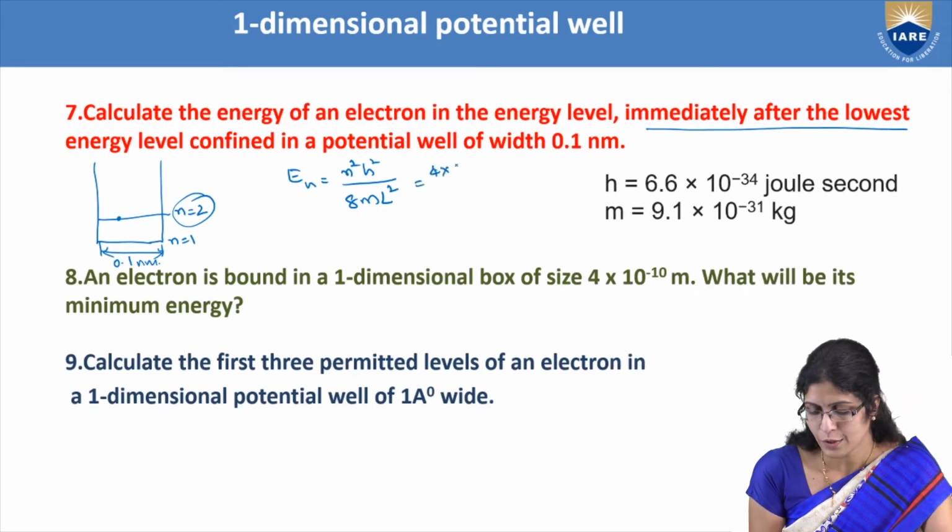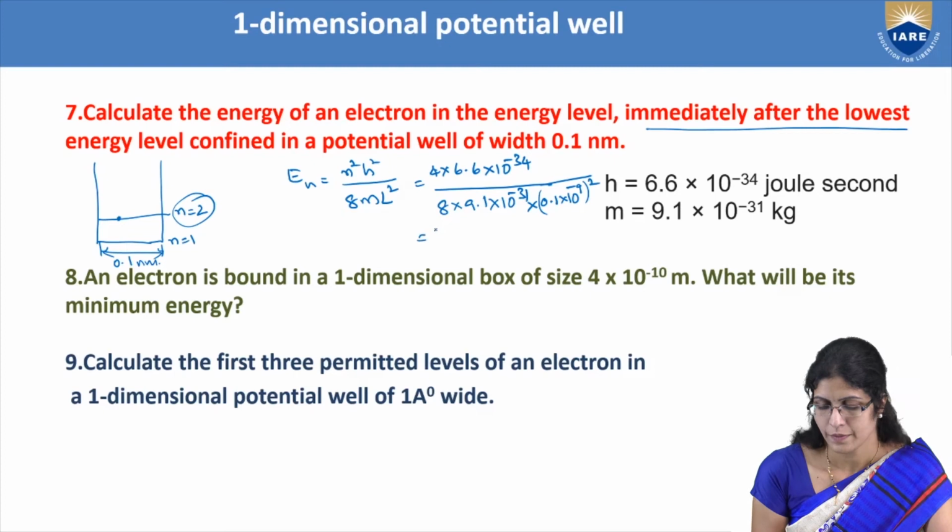So 4 into 6.6 into 10 to the power of minus 34 whole square by 8 into 9.1 into 10 power minus 31 into L, which is given as 0.1 nanometer. Because this has to be in meters, I have to convert it into 10 to the power of minus 9, whole square.